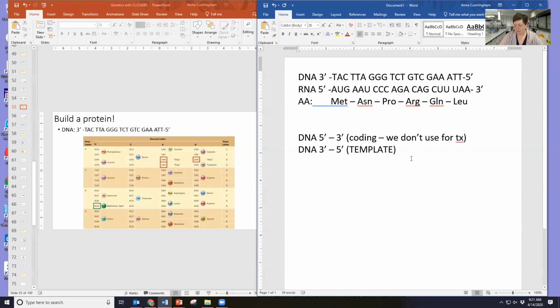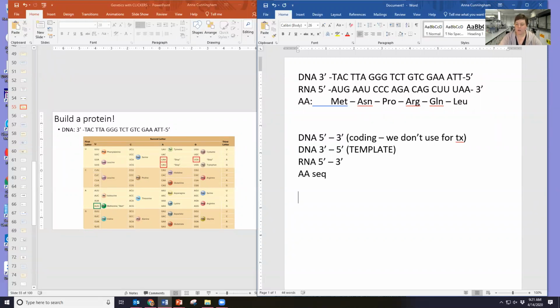We have to have the template strand. And then we use complementary base pairing to create a 5' to 3' strand of mRNA. All right, and then we can do our amino acid sequence.